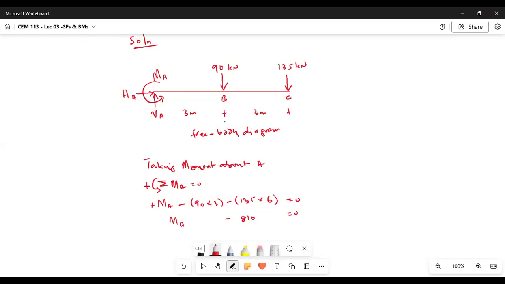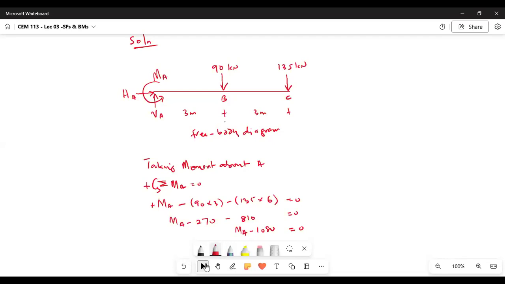MA minus 270. Right, so when we put this together, we're going to have MA minus 1080, and this will give us 0.